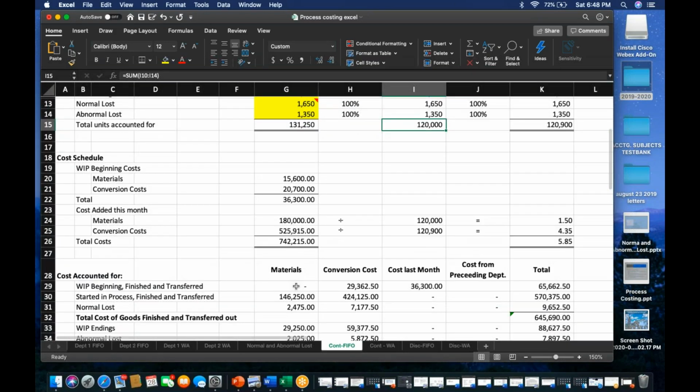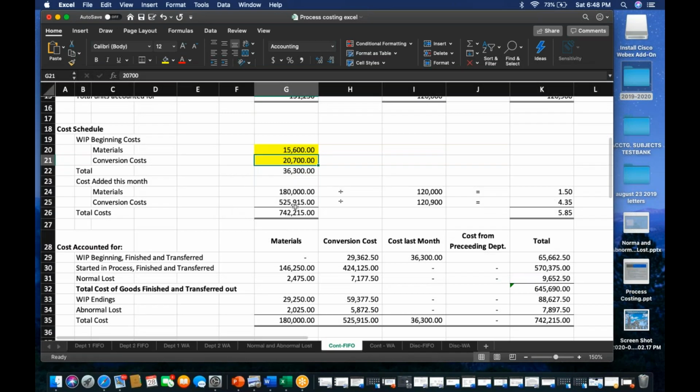Let's go to cost schedule. Since we are using FIFO method first, we have to account for the cost of the beginning work in process separately. Kaya materials of beginning work in process, this is given. Conversion cost of 20,700, this is also given. Cost added for this month, this is given, 180,000. Conversion cost is also given.